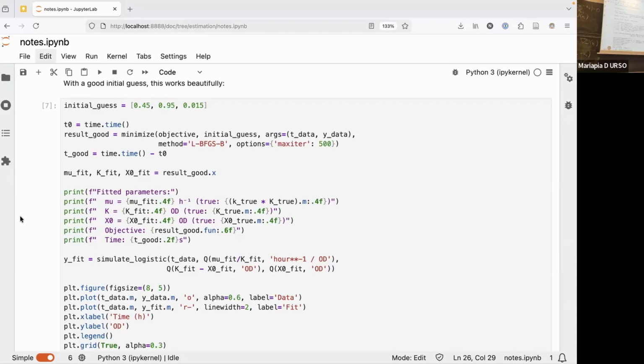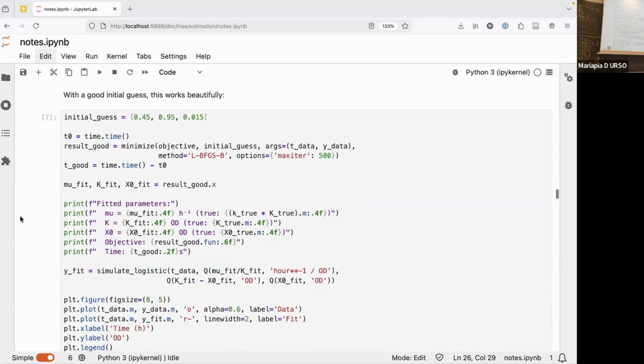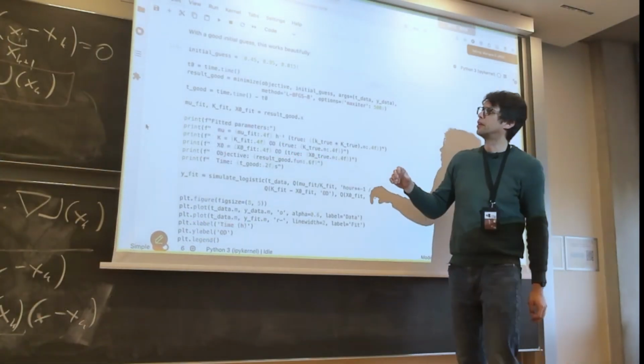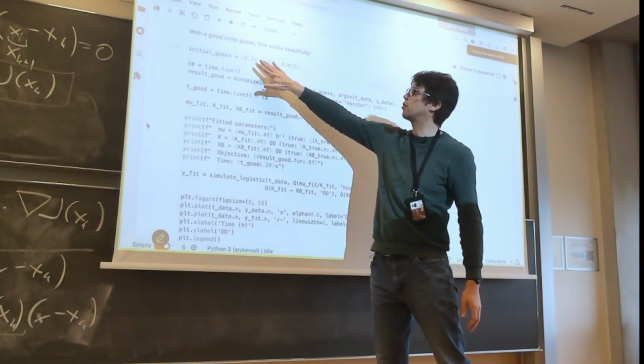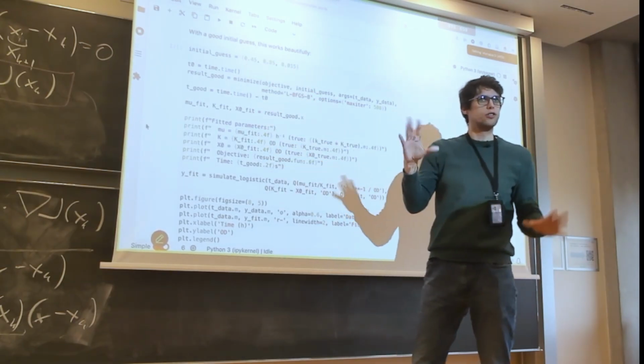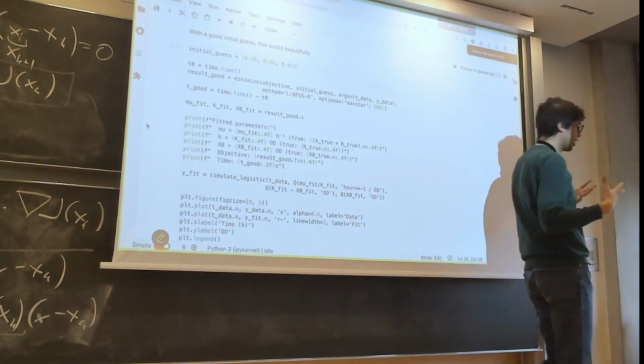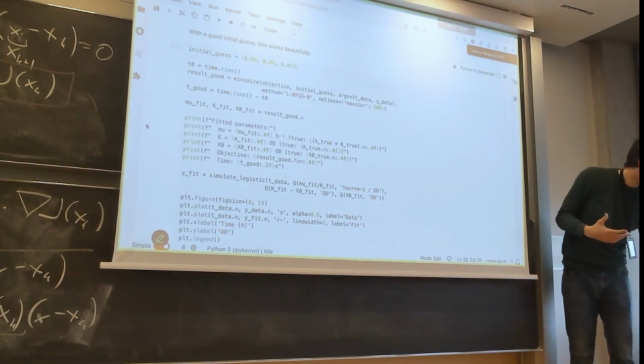We just do this clever form of gradient descent, but it's still a totally local algorithm. And here we start with some initial guesses. We took initial guesses that are close to the true values, just to show off the algorithm and see whether it can find the values in an easy case.